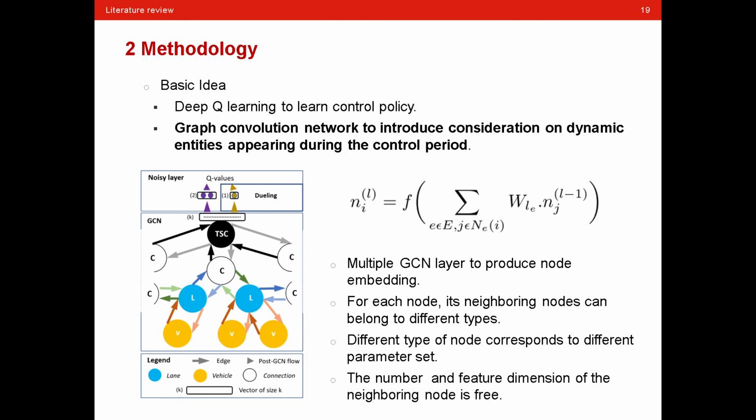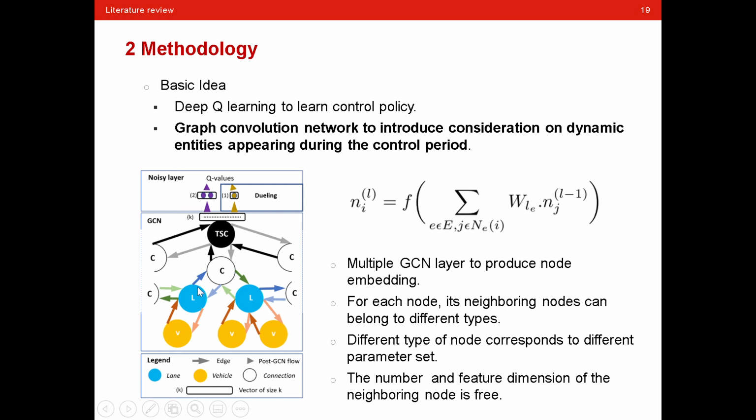And then for each node, its neighboring nodes can belong to different types. This is the most interesting thing in my view. For example, this node is the connection node, and it has relationships to the lane node and the traffic signal control node.